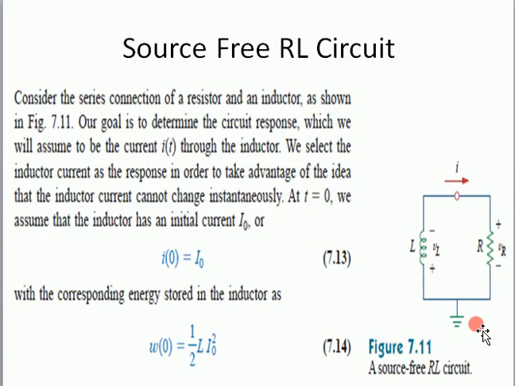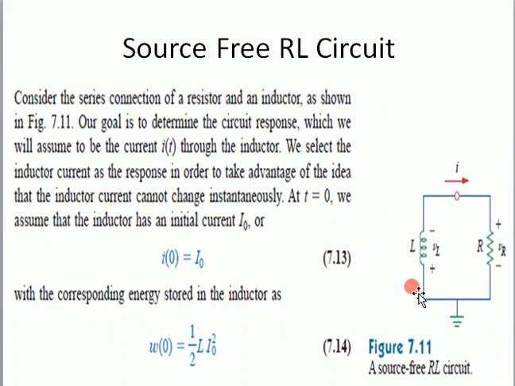Now let's consider a series combination of a resistor and an inductor as shown in this figure, with a current I flowing. We have to find the circuit response. The current flowing through the inductor is i of t, and we know the inductor current doesn't change abruptly.